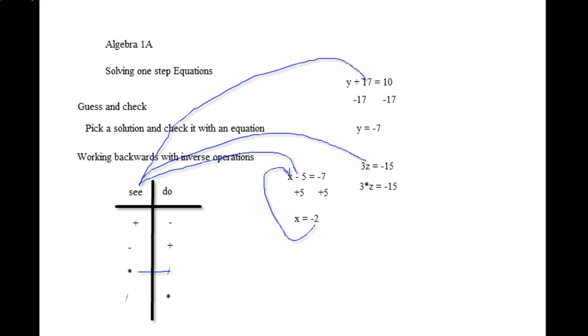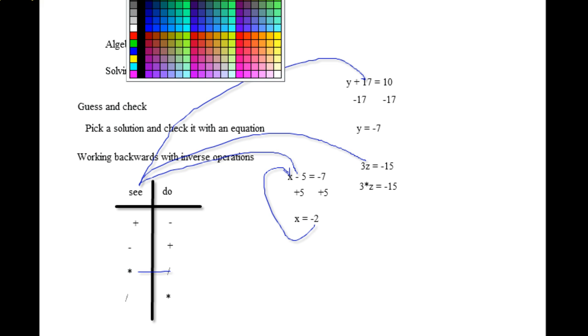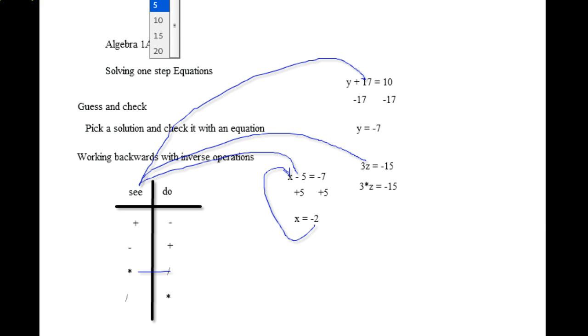That means I do division. So I'm going to divide both sides by 3, and this is how you properly write it. And I should get z equals negative 5.